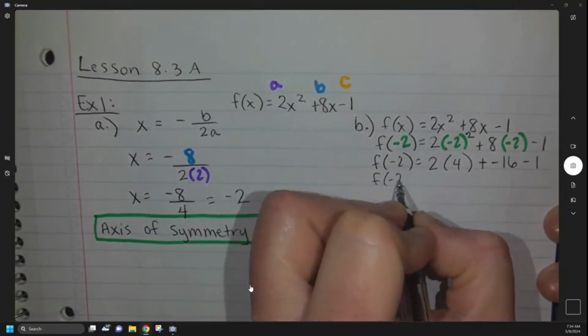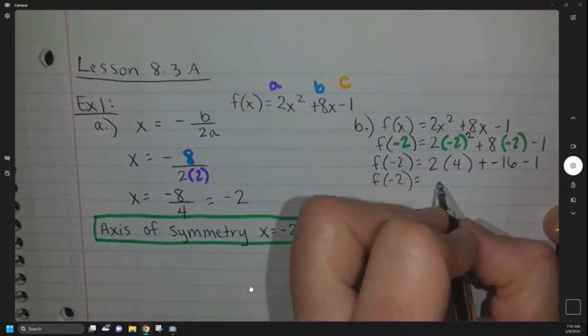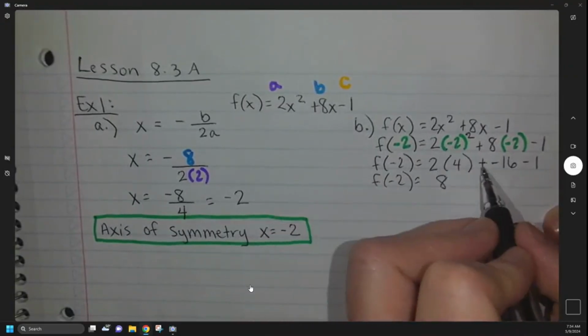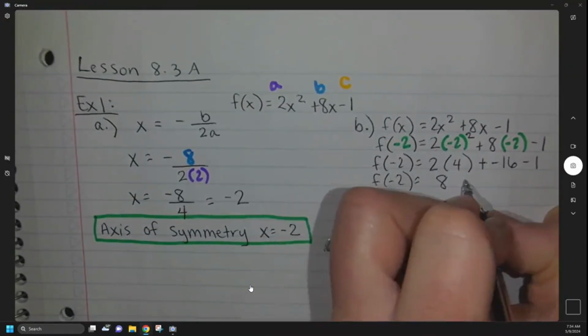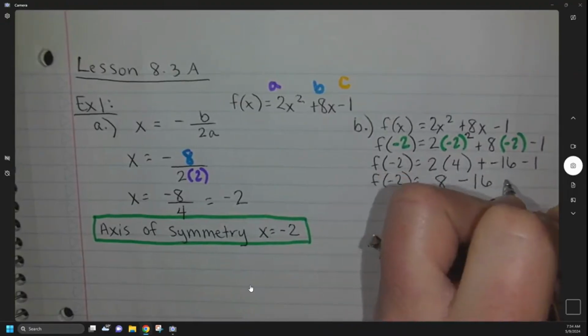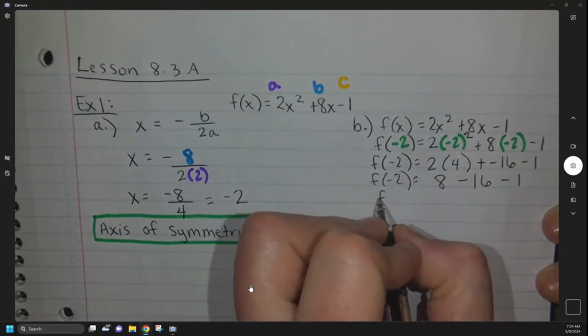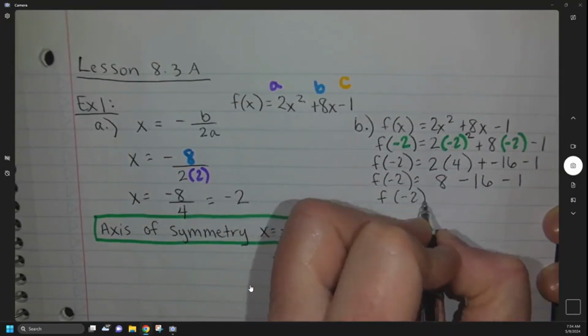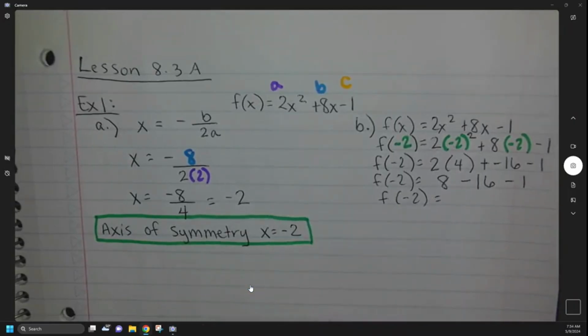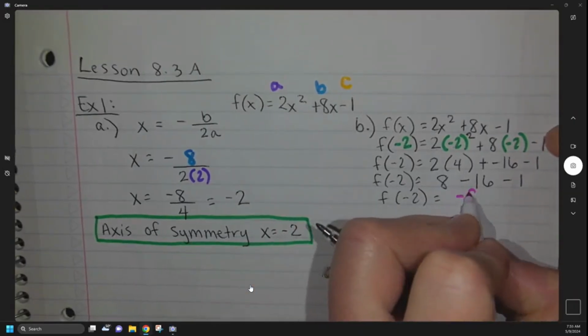Go ahead and simplify again. 2 times 4 is 8. Instead of writing plus a -16, I'm just going to write -16 and then minus 1. So then f of -2 equals 8 minus 16 minus 1, which is going to give us -9.